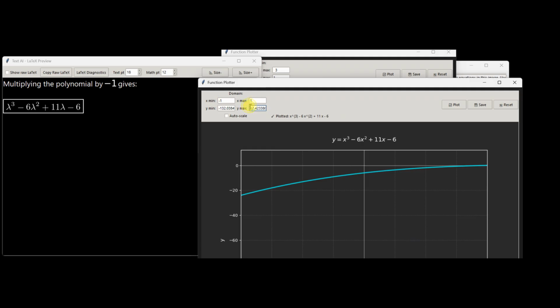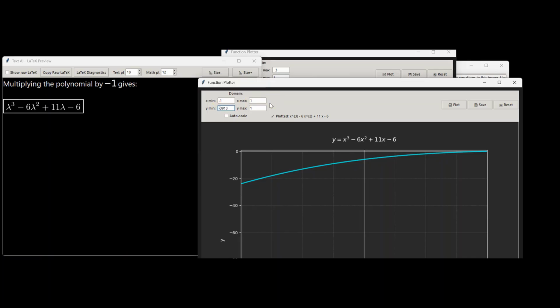And my max will make 1. I don't think it matters really. Oops. If I don't, oh yeah, you see. This needs to go to, oh, of course, needs to go to 3.